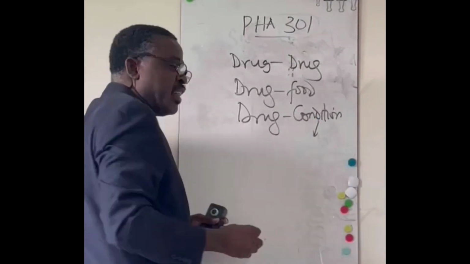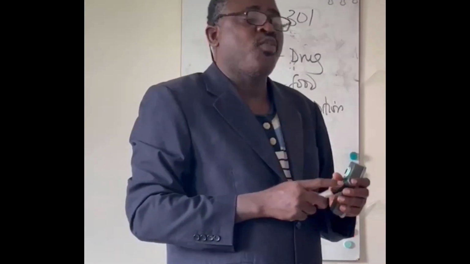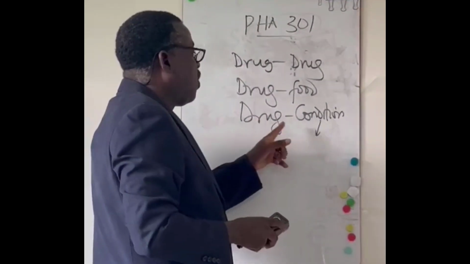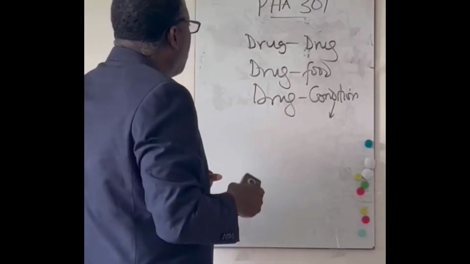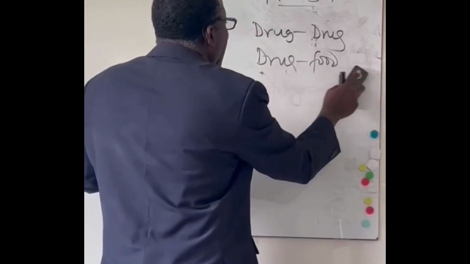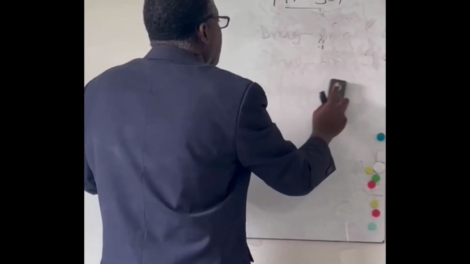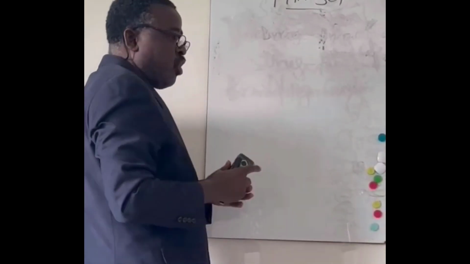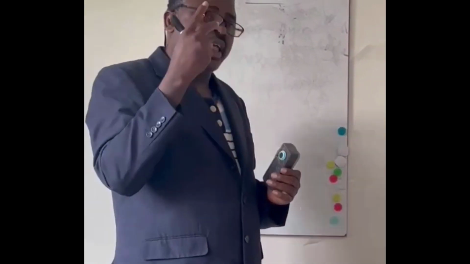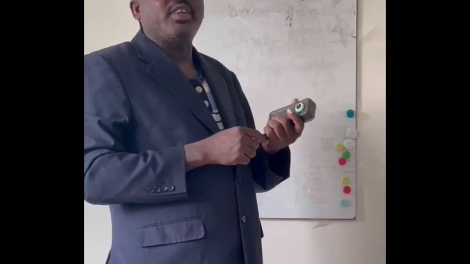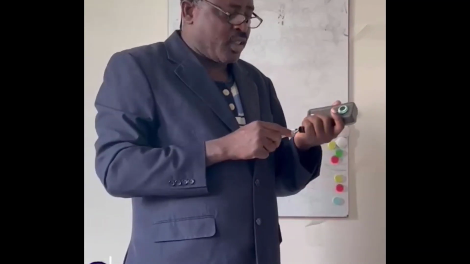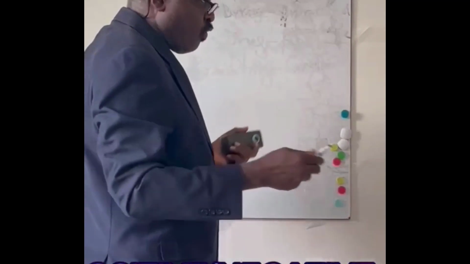Condition, I mean your health status. So the effect of drugs is also felt on the condition of your health as a human being. So now, I said that day that when you take two drugs together, they interact with each other either in a positive way or a negative way.